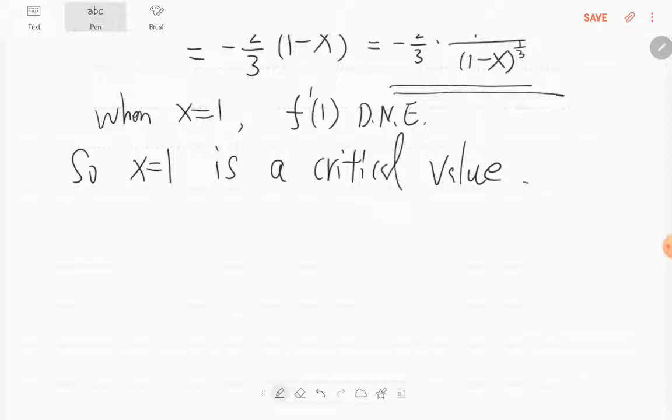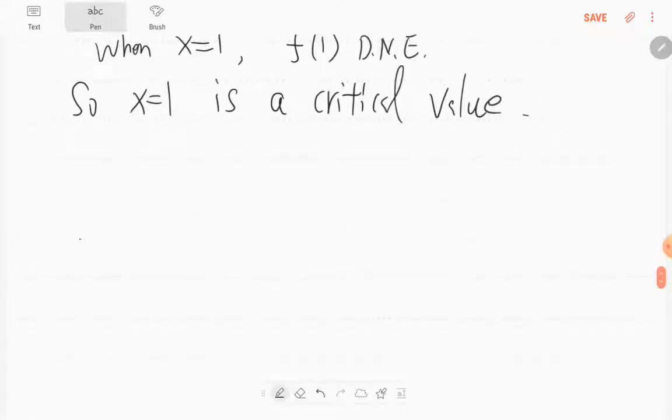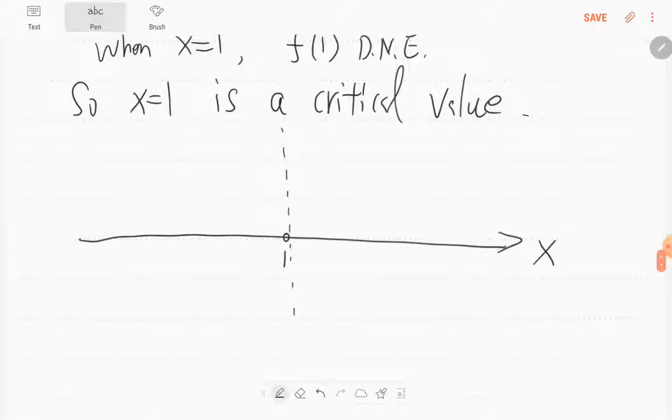So we only have one critical value, and we still divide our domain for this function. We locate 1 here. We divide our domain into 2 parts, right? This part is from negative infinity to 1, and this part is 1 to positive infinity.